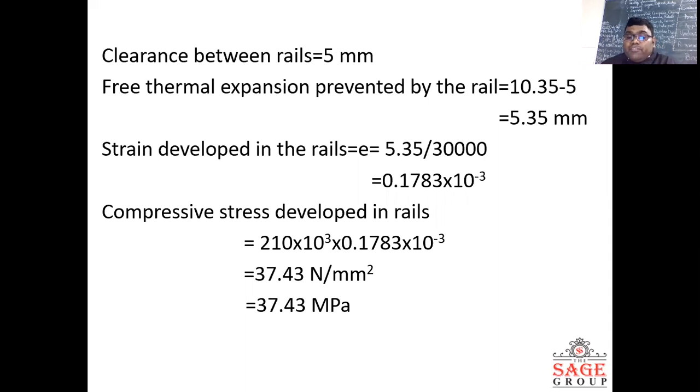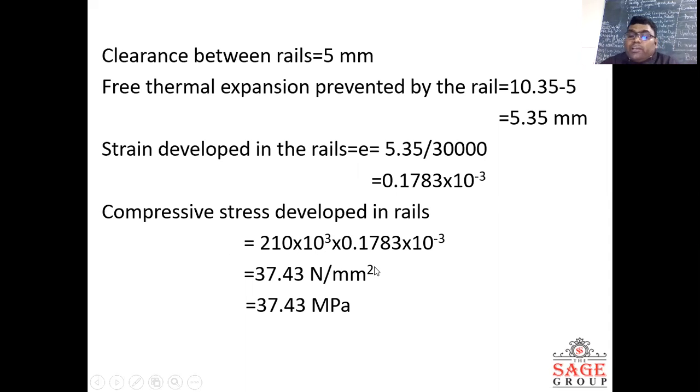Now here everything is in mm. That's why I directly wrote 10 to the power 3, because here it is in Newton per mm squared. The strain is a unitless quantity. You multiply, and you get Newton per mm squared.